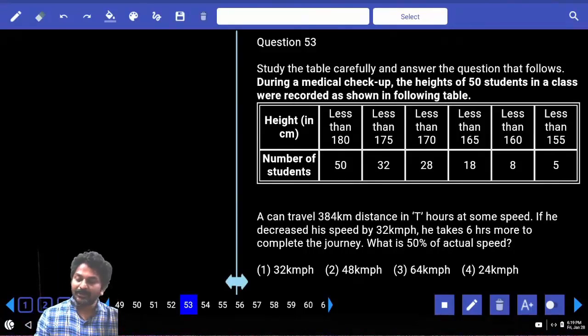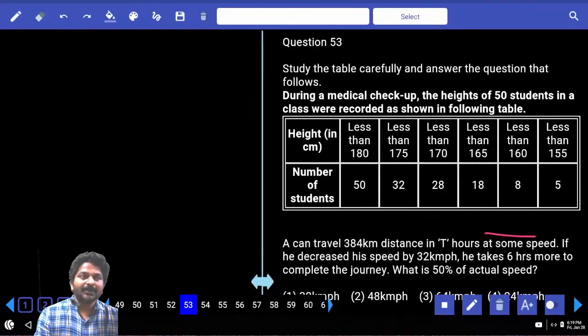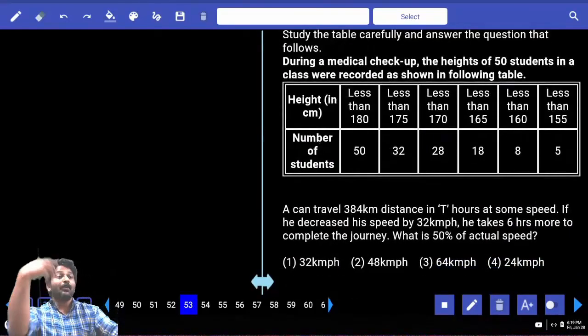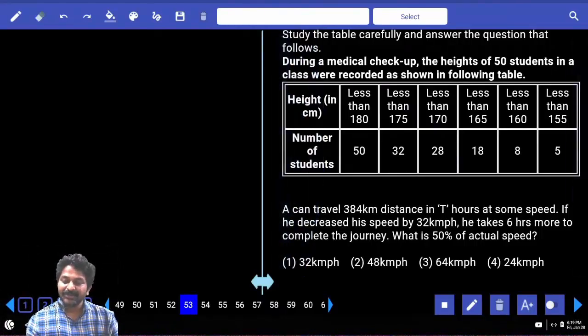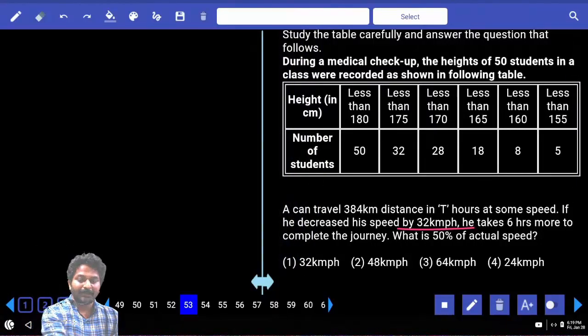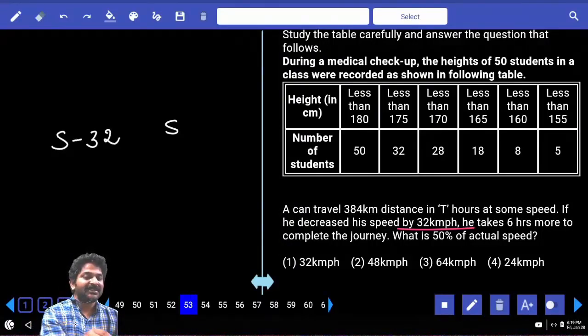Now you know the time difference is 6 hours. Correct? So in which particular case does it take more time, when traveling with original speed or less speed? Speed decreased by how much? 32. That means if the original speed is s, now he is traveling with s minus 32.